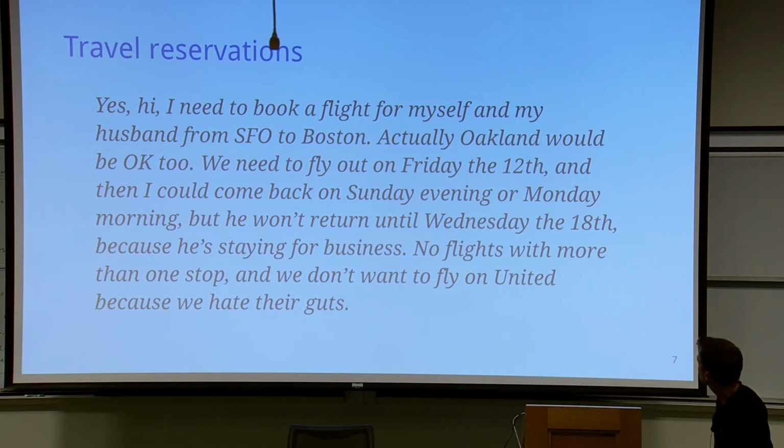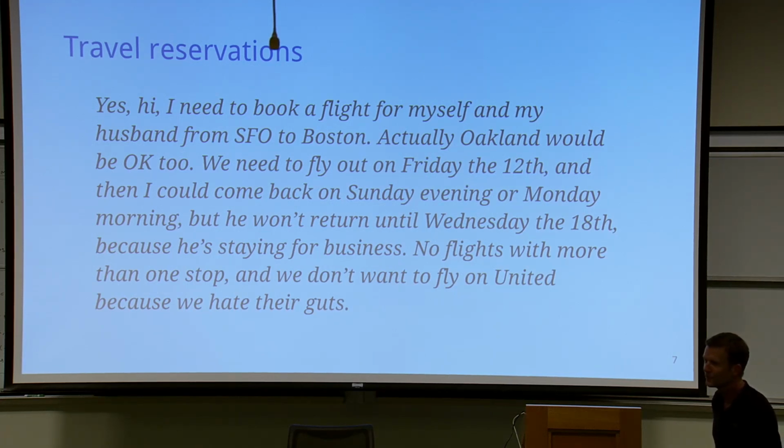Like, for example, Sunday evening or Monday morning. We need to figure out that that presumably refers to the Sunday that follows that Friday, not the Sunday that precedes that Friday. So I guess we're talking about Sunday the 14th or Monday the 15th. There's something else weird here, which is that if Friday is the 12th, then Wednesday can't be the 18th.